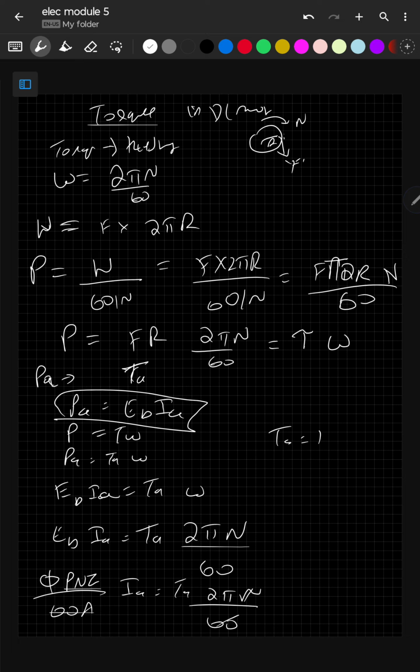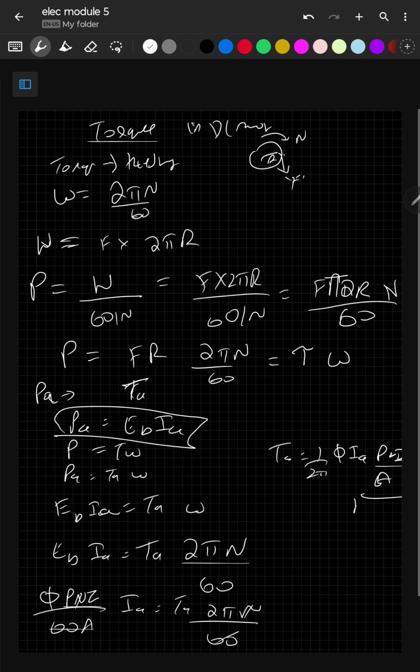So TA equals 1 by 2 pi phi IA PNZ by A. Sorry, n is gone, only PZ. So PZ by A, phi into IA, and 1 by 2 pi is 0.159, and this is in Newton meter. So hence we can say that torque is directly proportional to phi into IA.